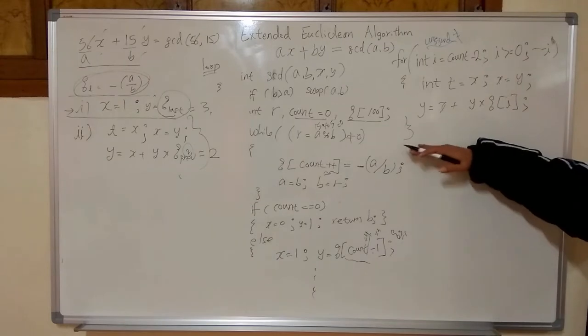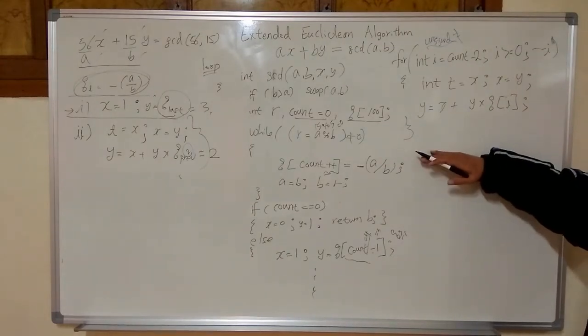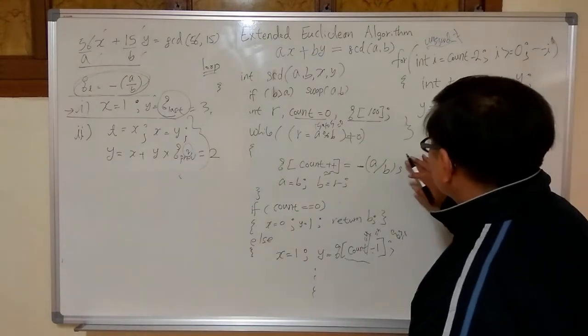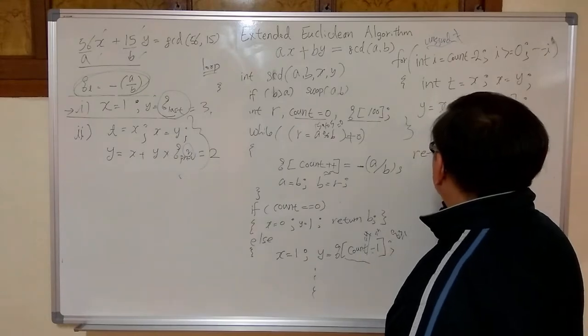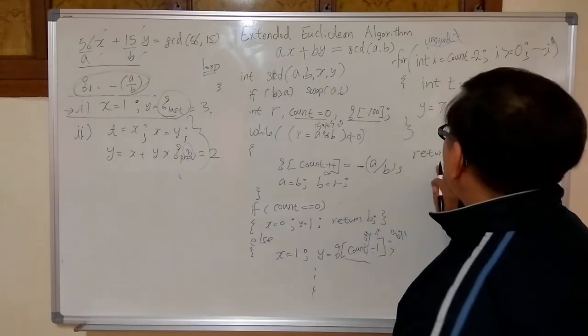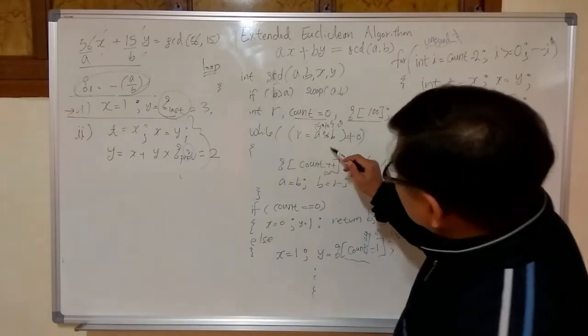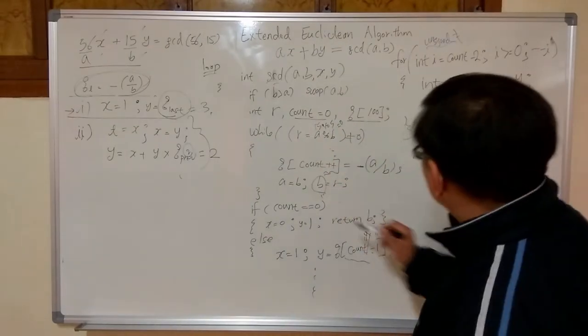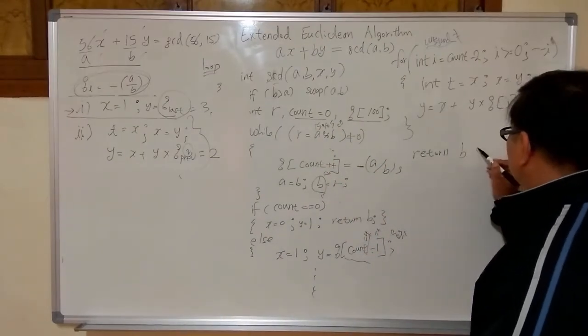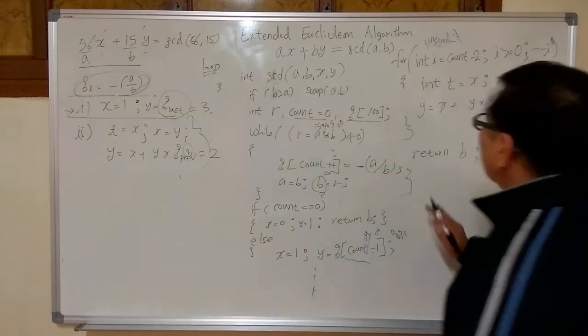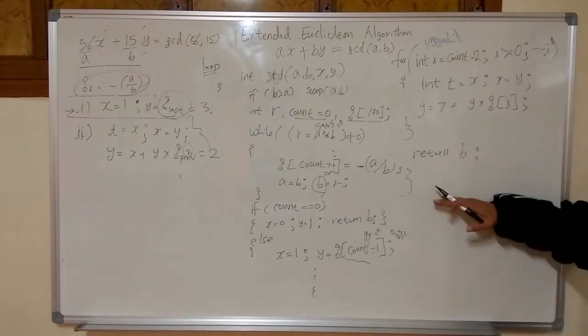Then after this loop, every processing is done. So we return. What should we return? GCD. GCD value would be b. So return b. Then our program ends.